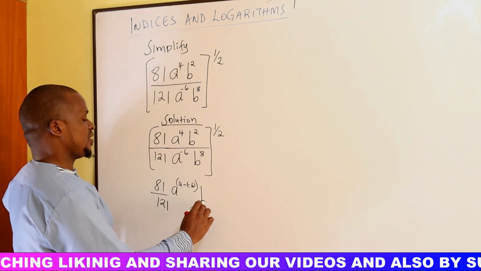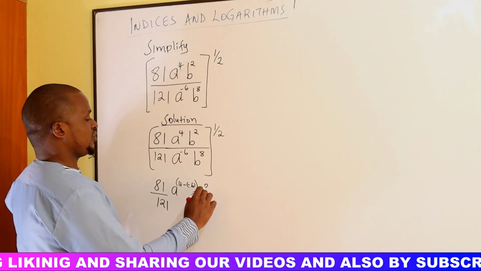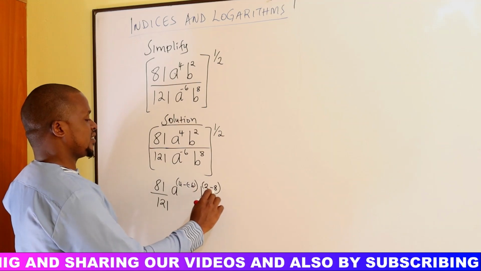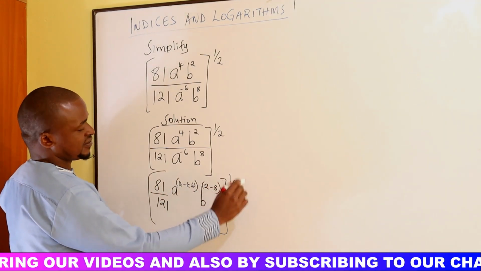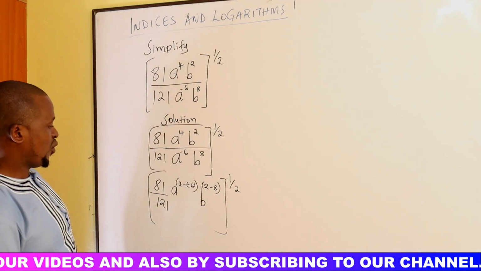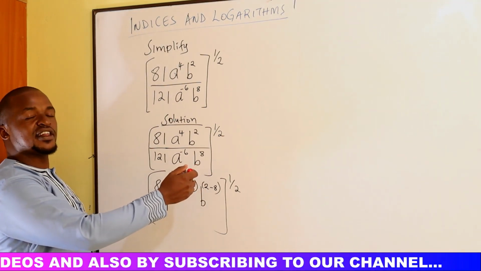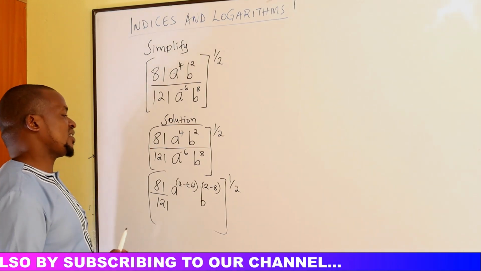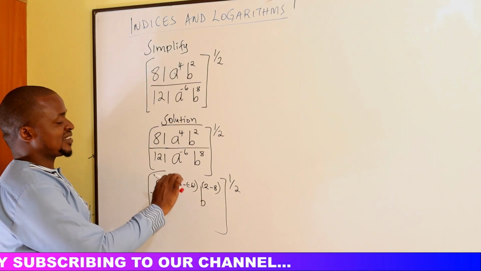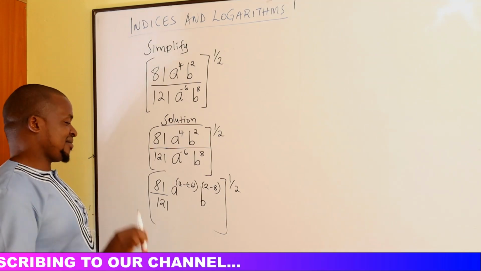Then b will be 2 minus 8. Now this is to the power half. What we have done here is just use the laws of indices, where for a division of two powers we subtract the powers when the base is the same.